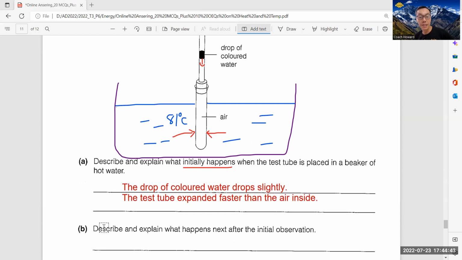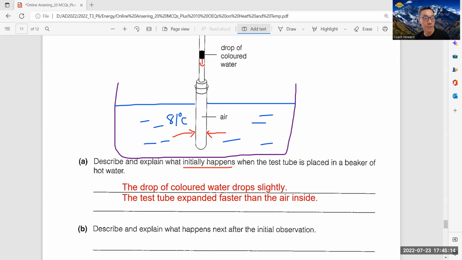Okay, next, this is going to explain what happens next after the initial observation. Okay, the question, does the air expand more than the test tube? After that, yes, correct. But initially, it's because the test tube is in contact with the hot water. That's why at first, this one we do not know how long, because it depends on the amount of water. Also depends on the surface area in contact with the test tube.